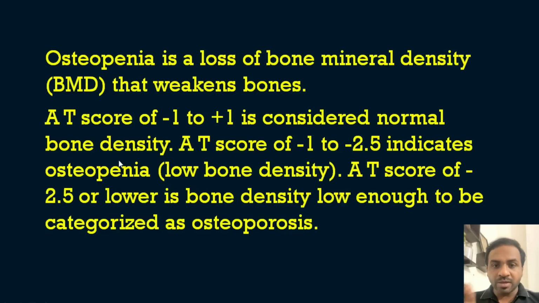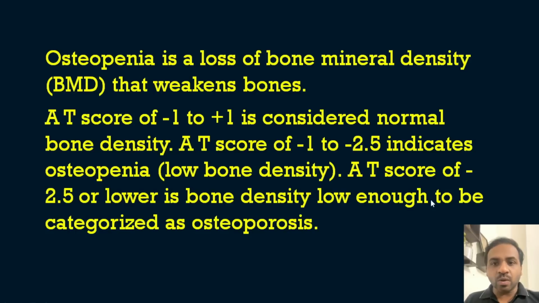A T-score of -1 to -2.5 indicates osteopenia, that is, low bone density.